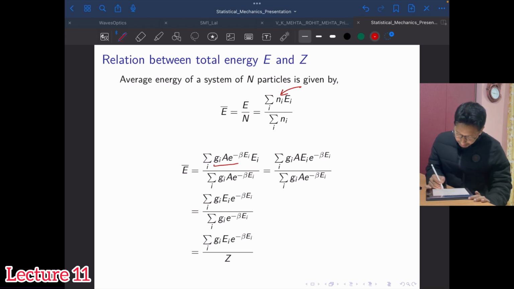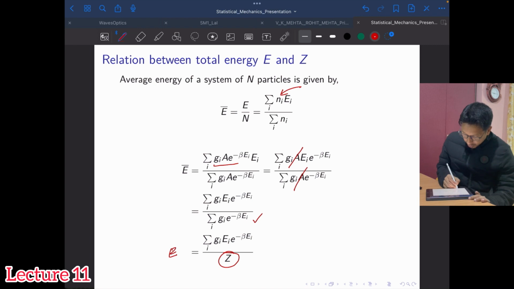I have just rearranged the E, and the A is constant in the denominator as well as in the numerator, so that will get cancelled out. I will remain with this, and you know that the denominator is nothing but your partition function. So your average energy is related by this particular expression.